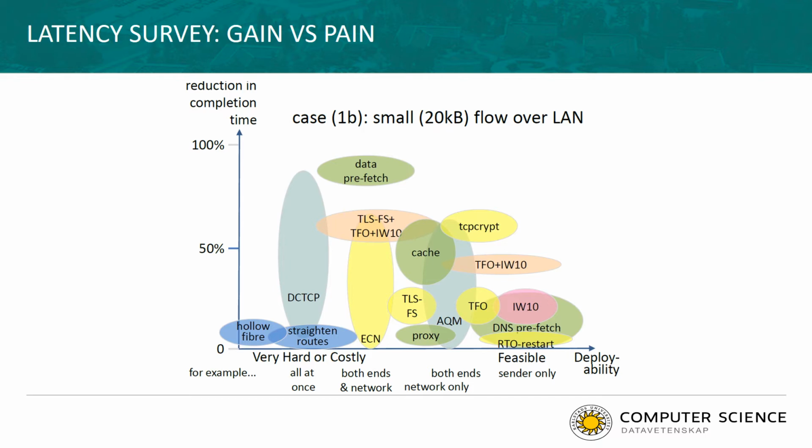So here again we look at the 20 kilobyte flow, but this time over a local area network instead of a wide area network. And you see that the gains are similar. Over the local area network we have some smaller differences because the importance of the round trip time in relation to other sources of delay varies a little bit, but you see that the main behavior is very similar to the scenario with a 20 kilobyte flow over a wide area network.